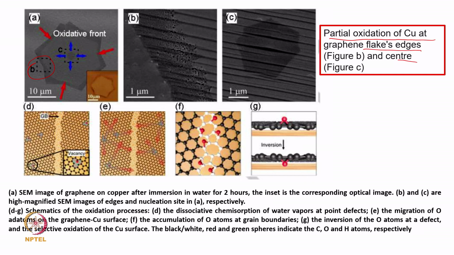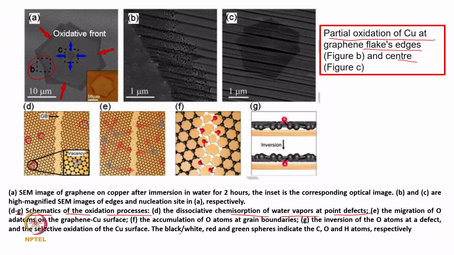Now, just to elaborate, these are the images, but D to G show a schematic of the oxidation process. What has been mentioned here is the chemisorption of water vapor: water gets absorbed chemically with a covalent bond on the surface, and that provides some sort of path. Different colors are shown, and these are basically water molecules, which have hydrogen.